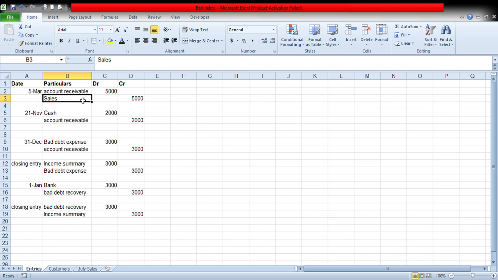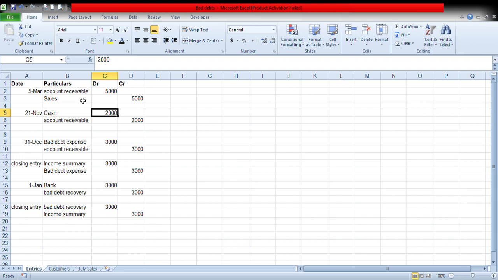Now on 21st of November, I received cash from the customers. Out of 10 customers, I received cash from 5 or 6, I don't know.